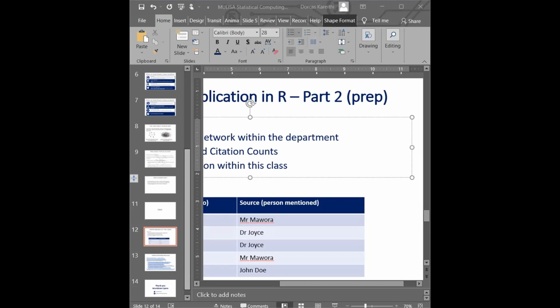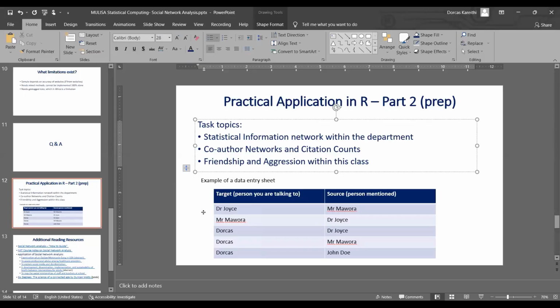I can share a list of those, for both R and Python, after this call, where someone can study them or give them a trial before we do part 2. So I can definitely share those with you, Mr. Mawara, for you to share with the participants on this call. I hope that works.